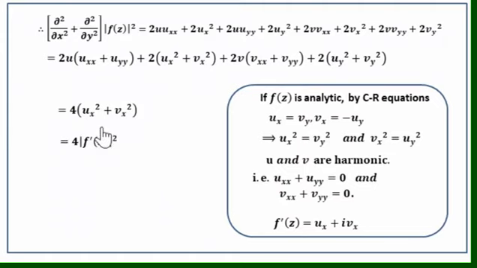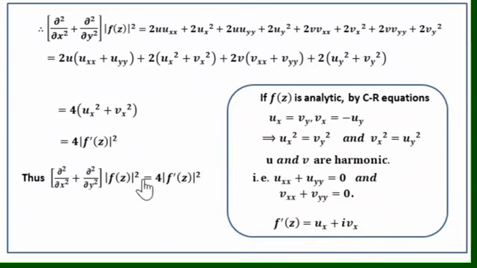But ux square plus vx square is nothing but modulus of f dash of z square, because f dash of z is ux plus ivx. Modulus of f dash of z is root of real part square plus imaginary part square, that is root of ux square plus vx square, or mod f dash of z square is ux square plus vx square. So this completes the proof of the problem.